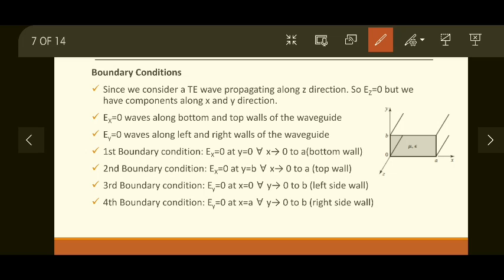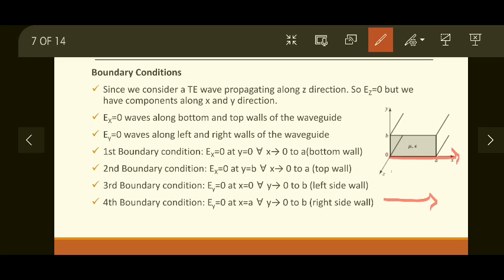Now Ex should be 0 for all x going from 0 to a when y is equal to 0. That means when y is equal to 0, on this particular x-axis, the value of x is changing from 0 to a. You can see that. So Ex will be 0 in that case. That is the bottom wall of the waveguide.